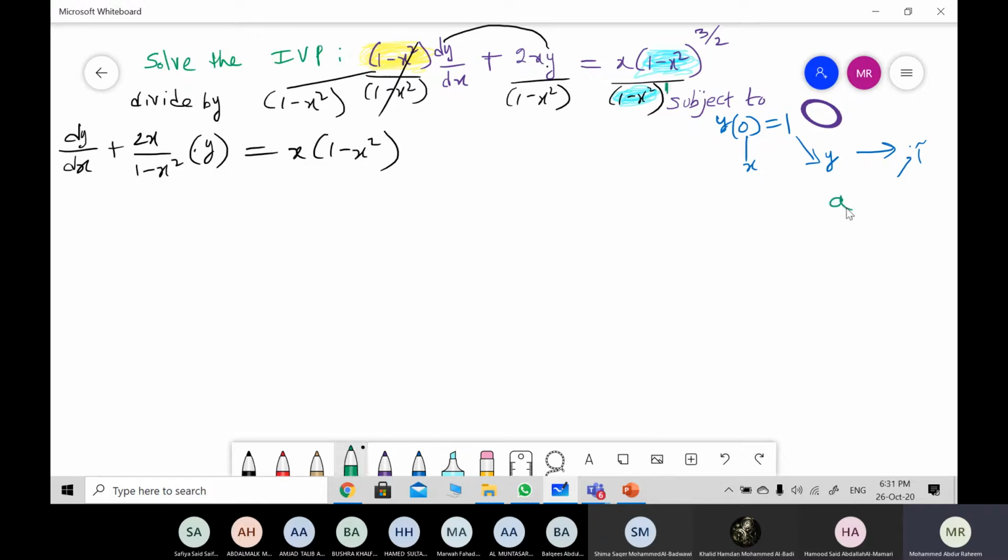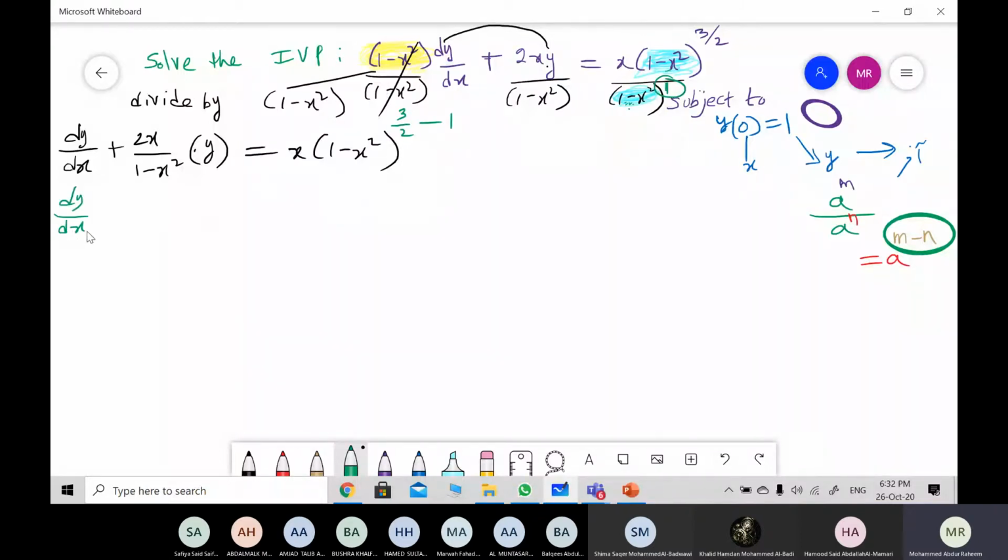You know the rule: A to the M over A to the N equals A to the M minus N. We use that every time in our mathematical life in engineering. So now these two are the same, so I can do like this. The power 3 over 2 minus, how much here? 1.